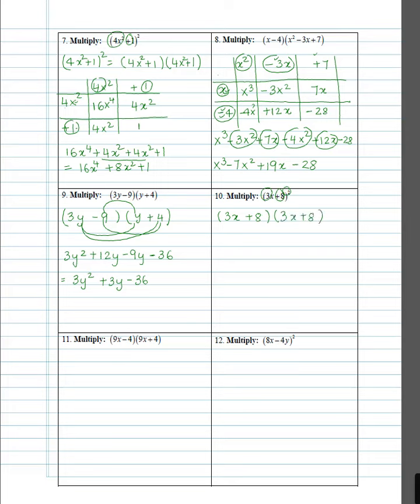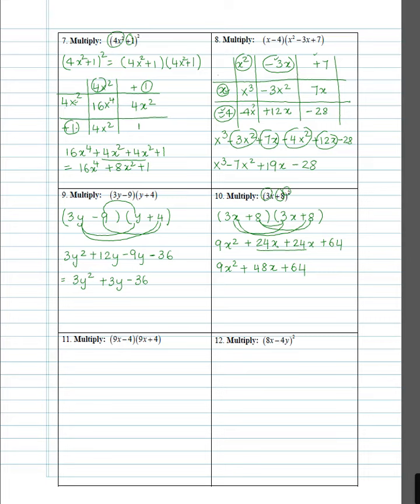And again, the FOIL way: 3x times 3x, 9x squared, 3x times 8, 3 times 8 is 24x. 8 times 3, 24x. 8 times 8, 64. When I combine them, I have 9x squared plus 24x and 24x are like terms, 48x plus 64.